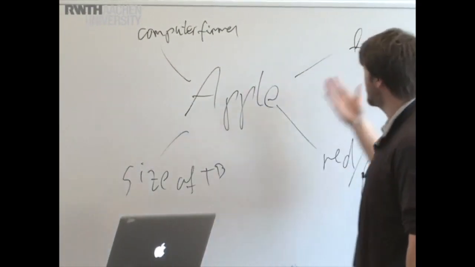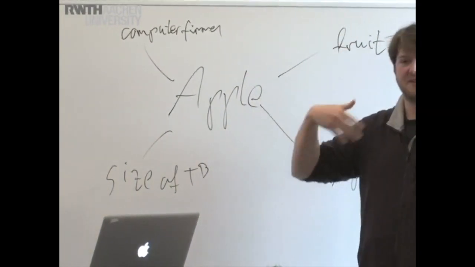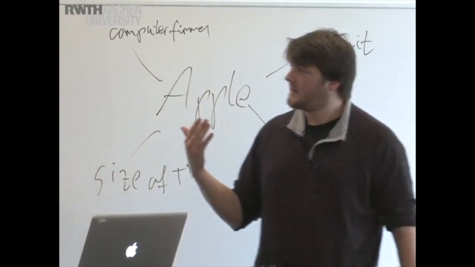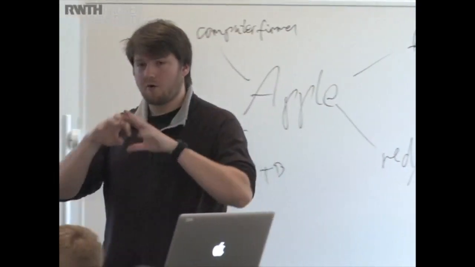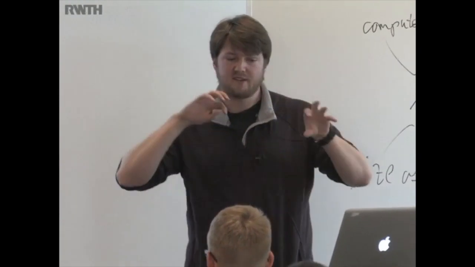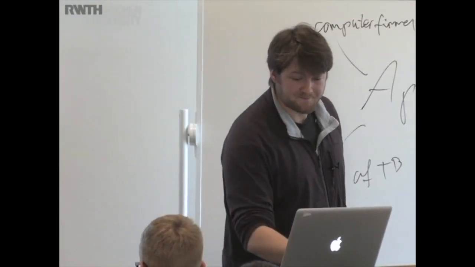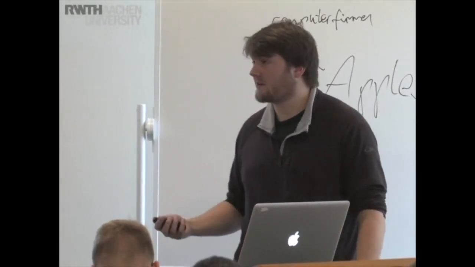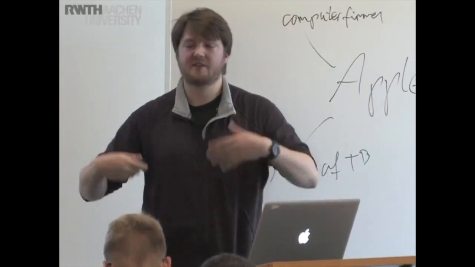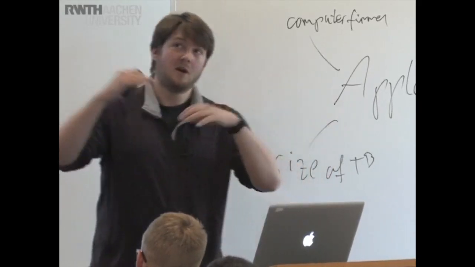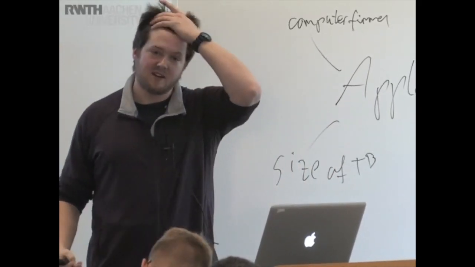So with the fruit, you also have different associations linked to that. And so your whole long-term memory is modeled here as a network of things. And this is what happens when you try to remember something and you try to build a connection there.